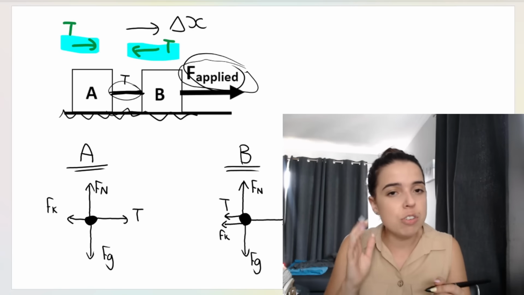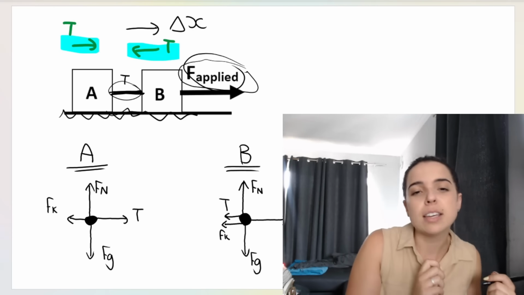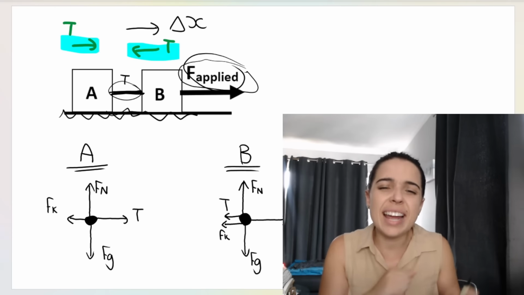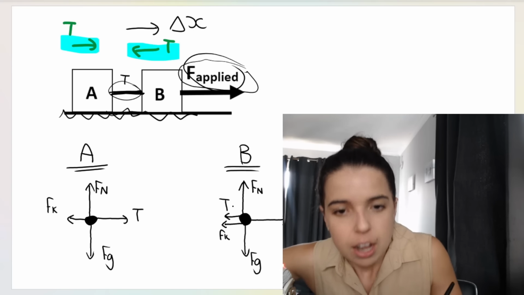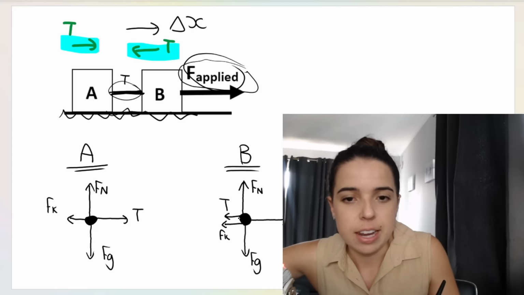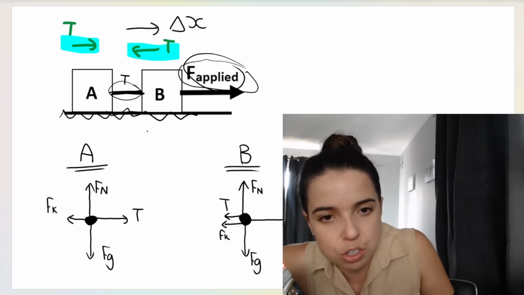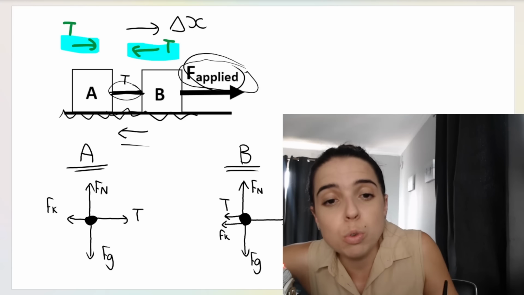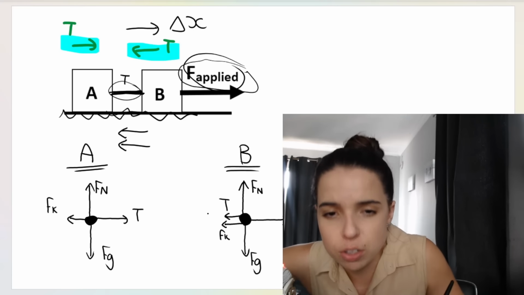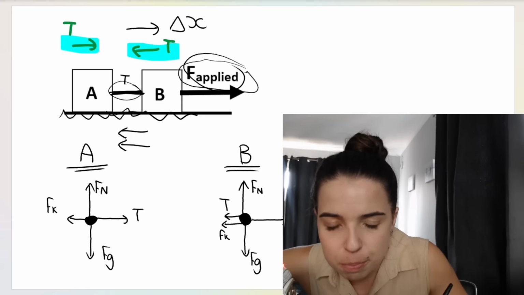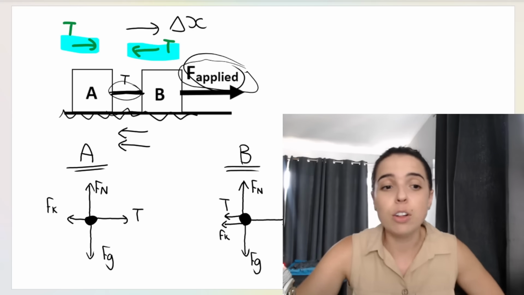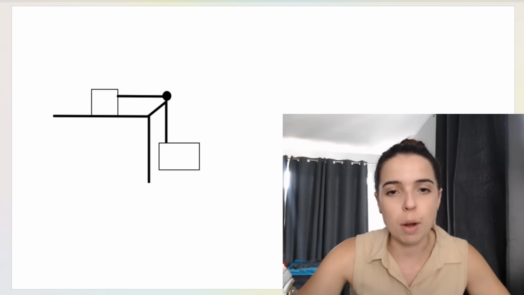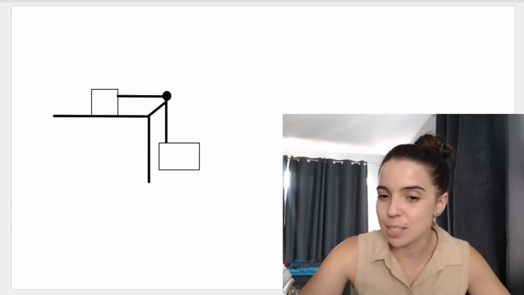Okay, so the tension for A pulls A to the right, the tension for B pulls B slightly to the left, and take a look at why I made this dot so big. Tension is acting to the left, parallel to the slope, but friction is also acting to the left, parallel to the slope. So I made the dot nice and big and fat so that these arrows, tension and friction, are parallel to each other.